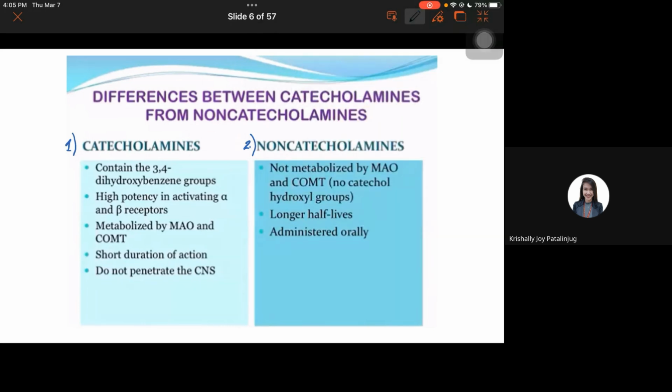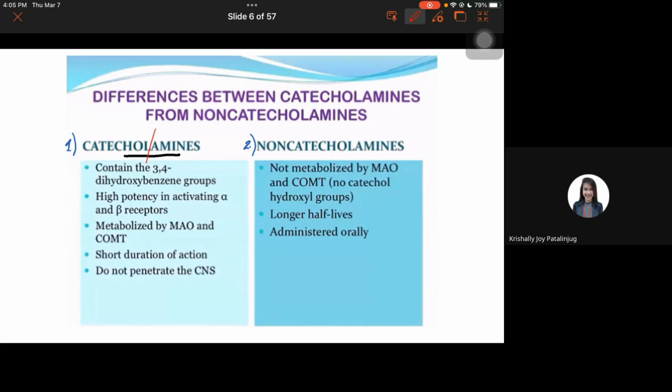Again, this is based on structure, on what is actually seen in the structure of the adrenergic agonist. So we'll start with catecholamines. We can understand the term itself by segmenting it into two: we have the catechol term, and then we have amine.